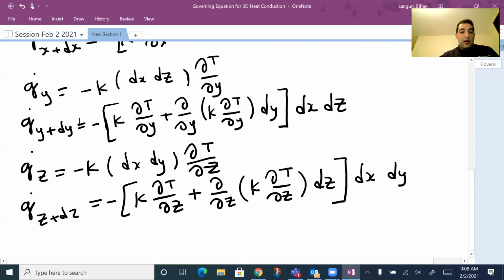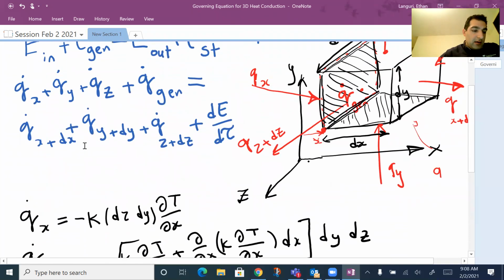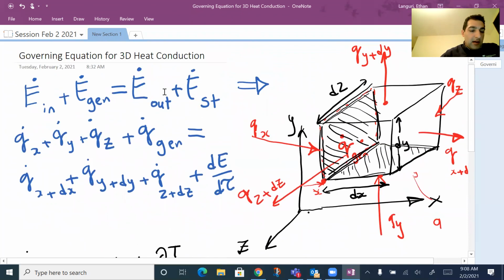So far I have my E dot in and E dot out terms written. So I have q dot x, q dot y, q dot z, and on the other side of the equation, I have q dot x plus dx, q dot y plus dy, and q dot z plus dz.